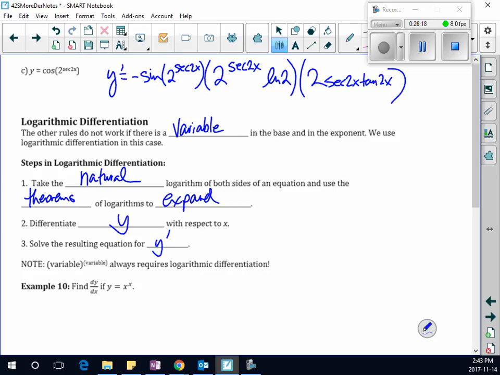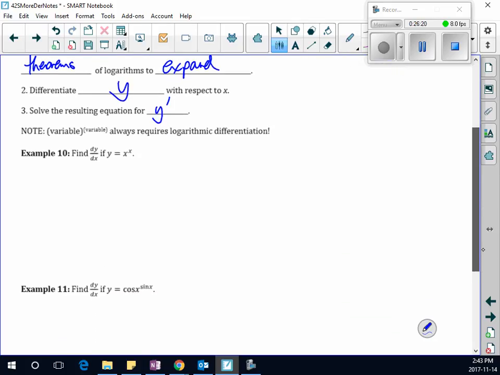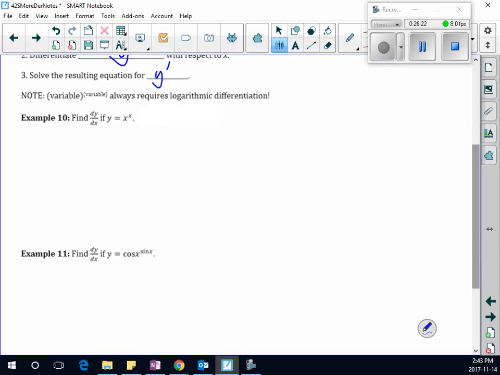So here is the one example I'm doing. Oh, actually 2 examples. Does everybody see y equals x to the power x? You cannot use any of the memorized things because the base is not a number. The problem is this base here, it's this x that's the base. So if I ln both sides, what do I get? ln of y equals ln of x to the power x.